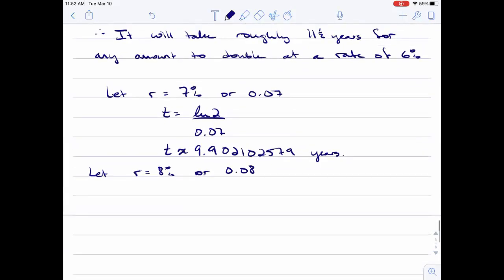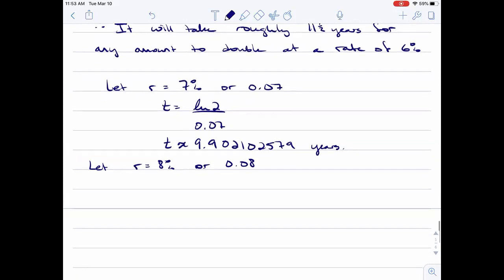Right, so it takes less time at 7%. I'm expecting it to take less time at 8%. How much less? Let's see here. t is the natural log of 2 over 0.08. The natural log of 2 divided by 0.08, 8.664339757 years.